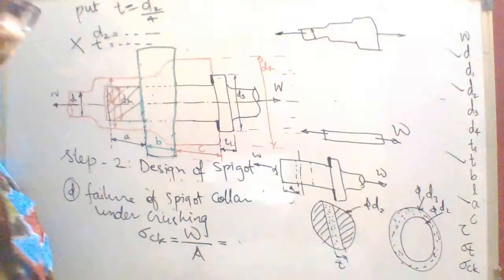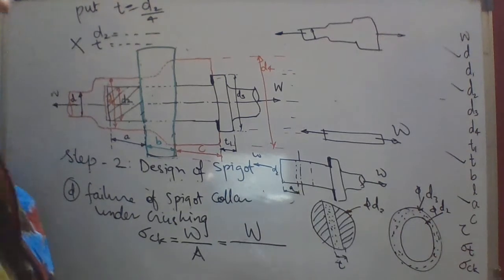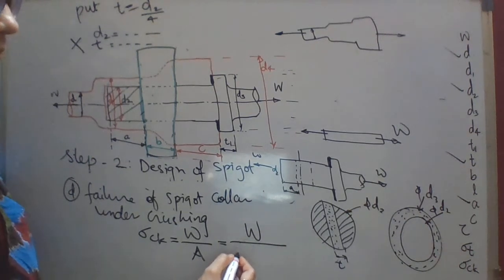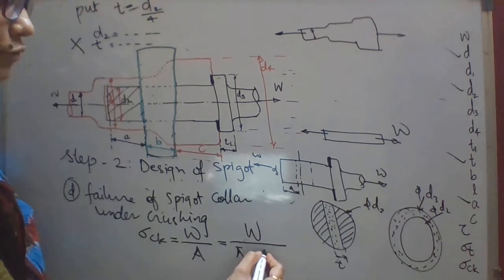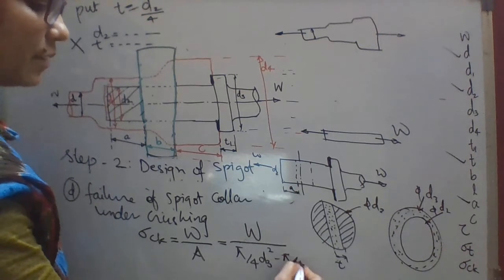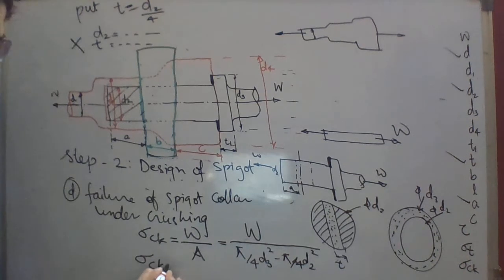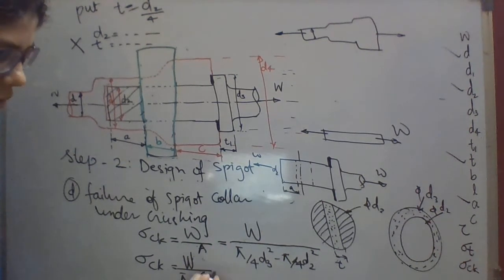So how much is the area under crush? It is W upon area. Will it be pi by 4 d3 square minus pi by 4 d2 square, or you can write sigma Ck as W upon pi by 4 times d3 square minus d2 square.